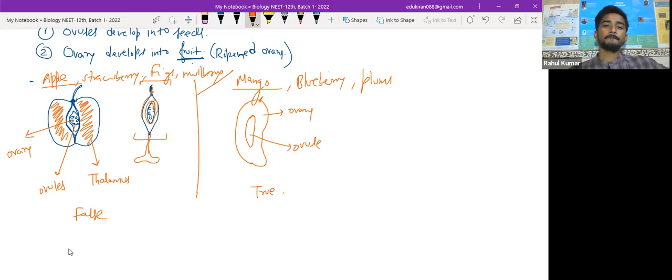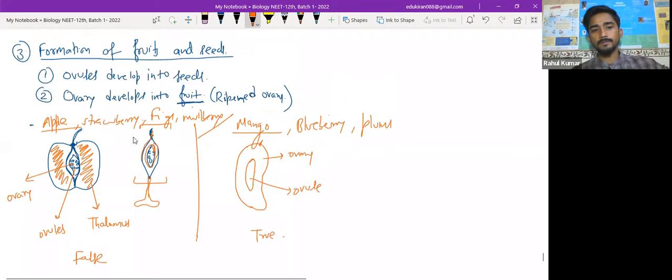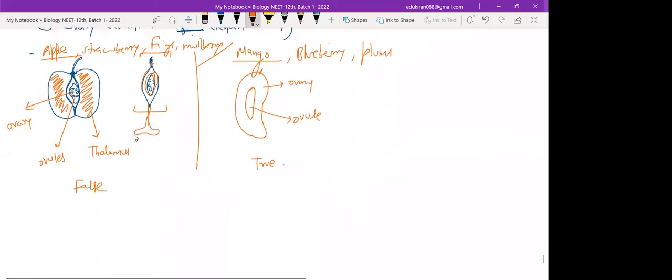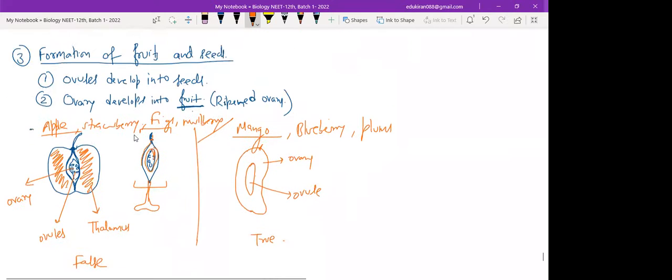Okay, but you understood how to identify a true fruit from a false fruit? So how will you define false fruit? Write down.